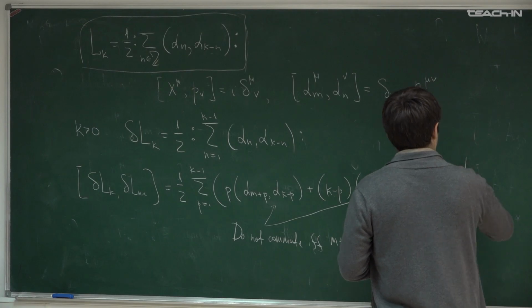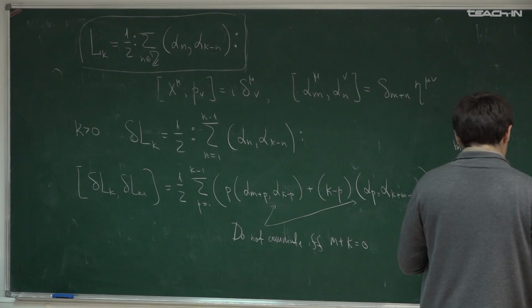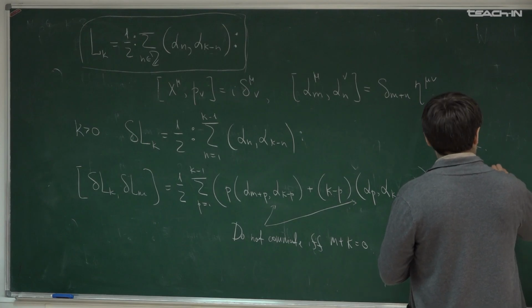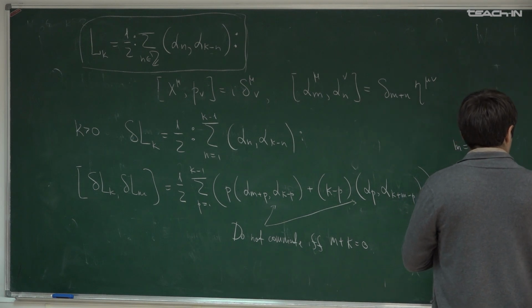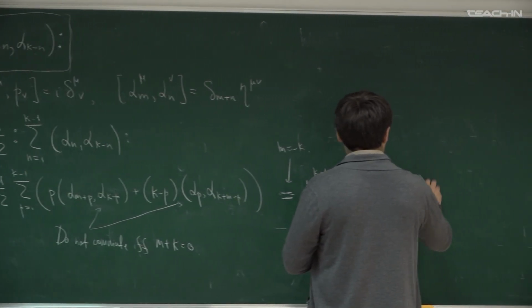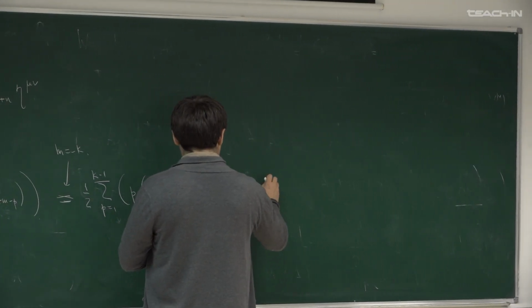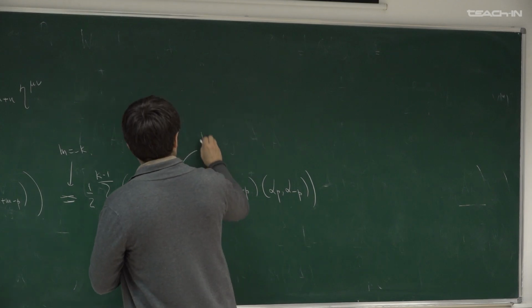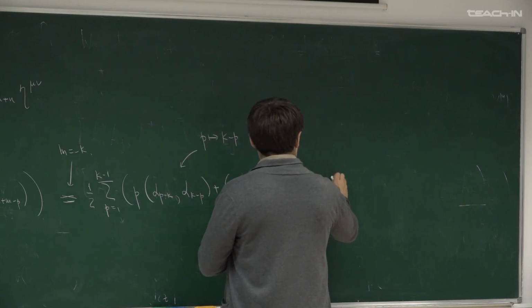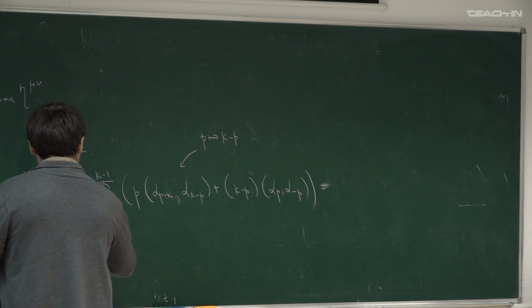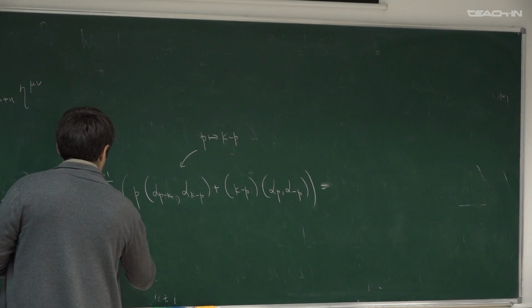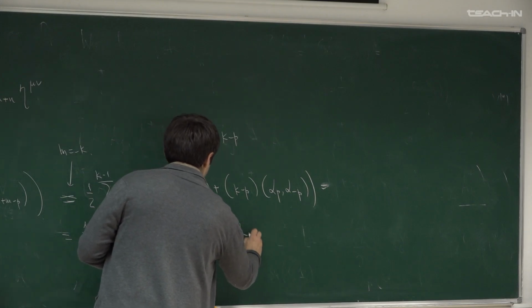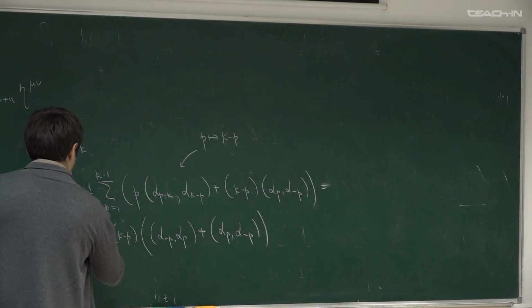Then you have 1/2 sum of p alpha_{p-k} alpha_{k-p} plus (k-p) alpha_p alpha_{-p}. Then you do a change of variable, p goes to k minus p, and you find that this is 1/2 sum of (k-p) times alpha_{-p} alpha_p plus alpha_p alpha_{-p}, p from 1 to k minus 1.